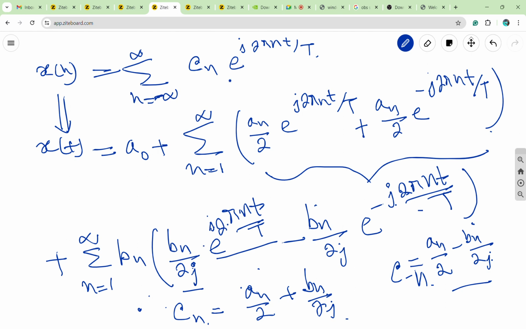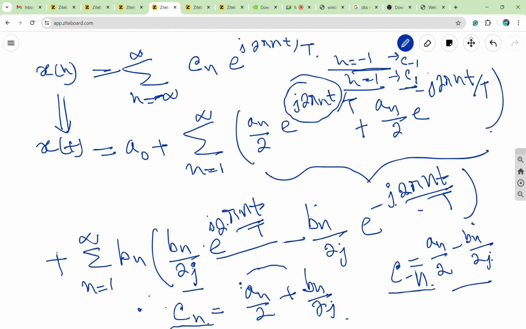You just have to replace these particular coefficients and check what each coefficient is. Since n ranges from minus infinity to infinity, n can take n equal to minus 1 and n equal to 1. According to that, you can find c of minus 1 and c of 1, compare them, and we will get these equations just by replacing.